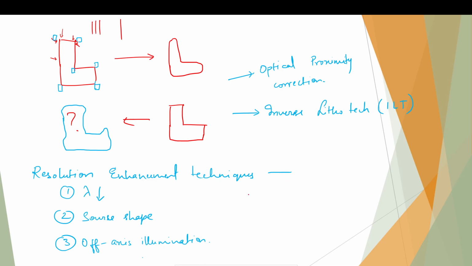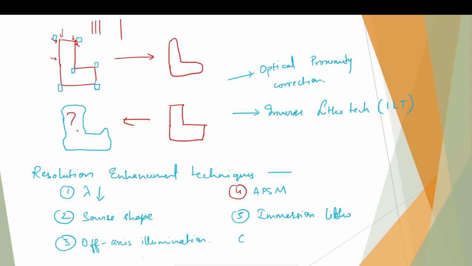Then the next one is alternating phase shift mask, APSM, right? Another one is immersion litho, basically having a higher refractive index material at the projection stage.